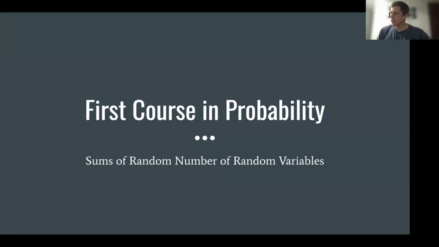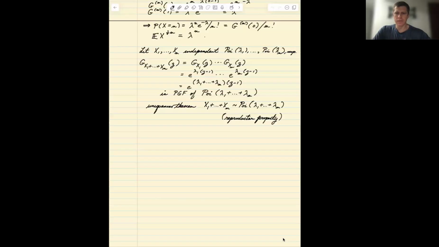We've already seen how we can use probability generating functions to derive the distribution, or at least the generating function, of a sum of independent random variables. And now we're going to show how this can be used to pretty easily derive the distribution, or properties, of a sum of a random number of independent random variables.